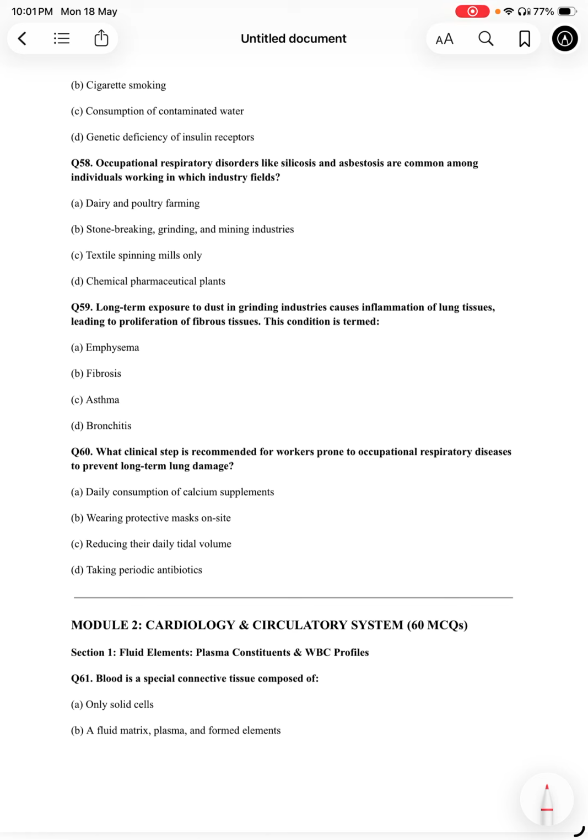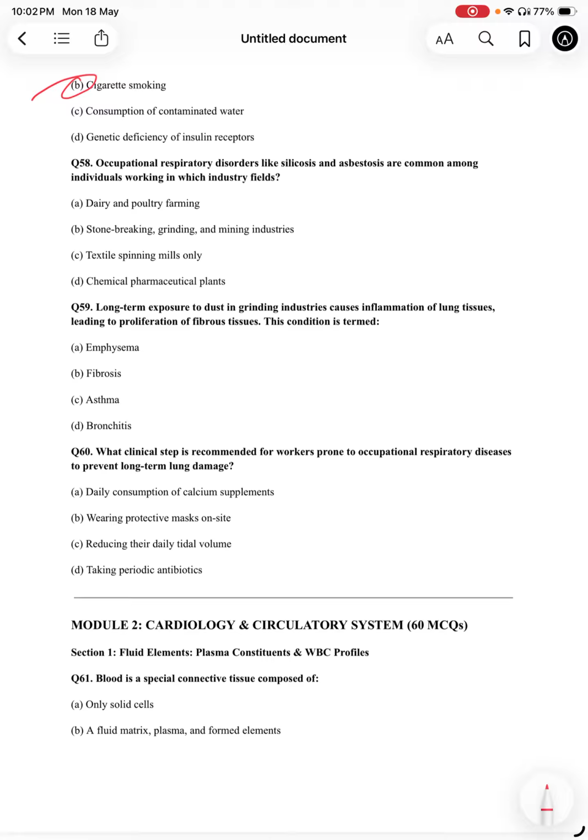See, prolonged cigarette smoking is the leading cause of emphysema. Basically, inhaled toxins trigger the release of proteases like elastase. When elastase is released, it causes the degradation of the structural proteins of the alveolar walls and destroys the lung elasticity. So it is cigarette smoking.